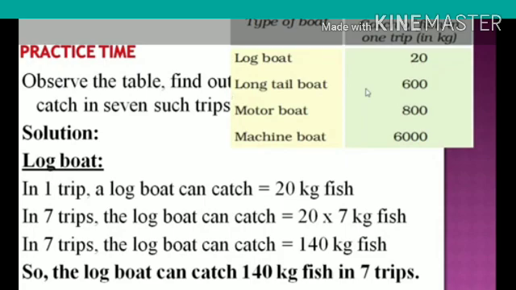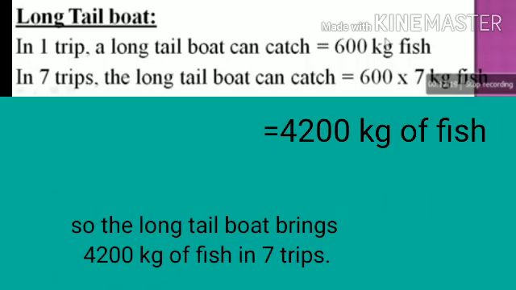So in this question, one trip is given and we are finding for 7 trips by multiplying the quantity by 7. So the final answer is 140 kilogram of fish is brought by the log boat in 7 trips. Okay. If you want to find for 7 trips of a long tail boat, what happens?